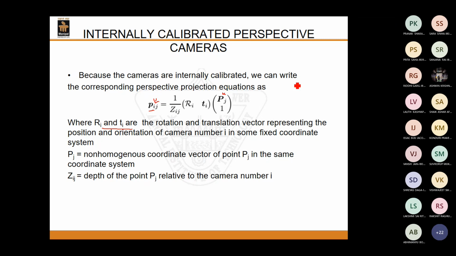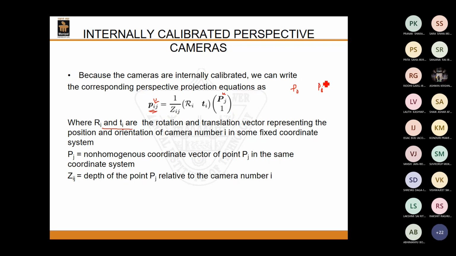That is equivalent to one of the concepts that we saw in the previous class. Let's say I'm doing a reconstruction and I get a particular point P_j, and let's say I'm again doing a reconstruction with the same set of image points.